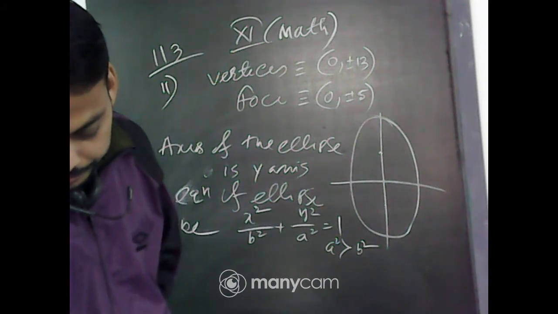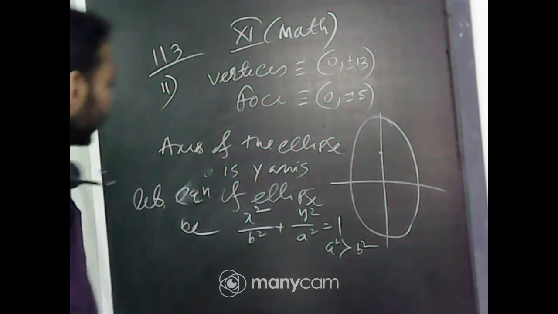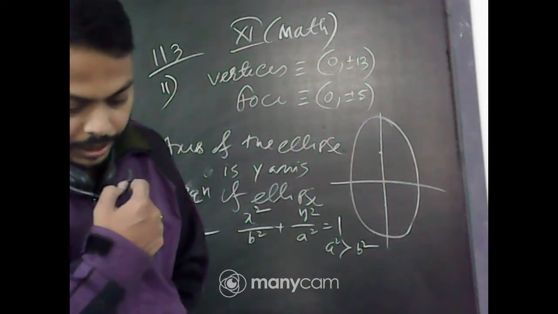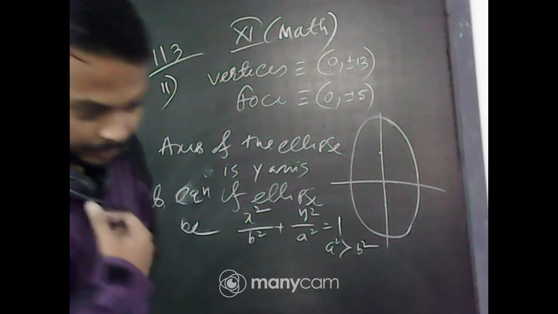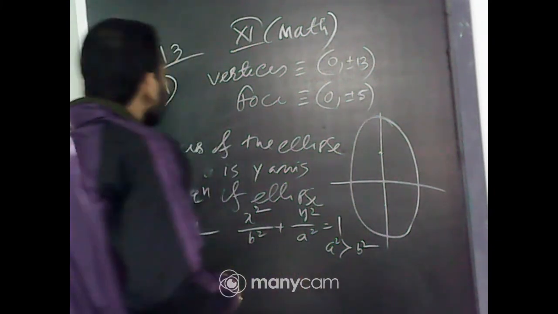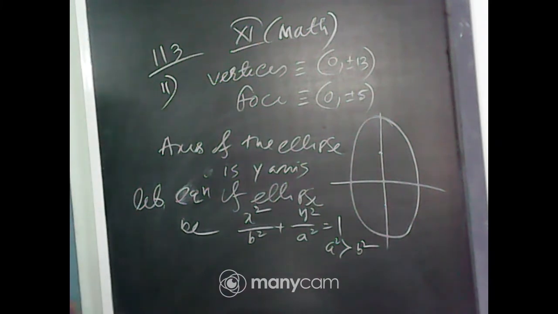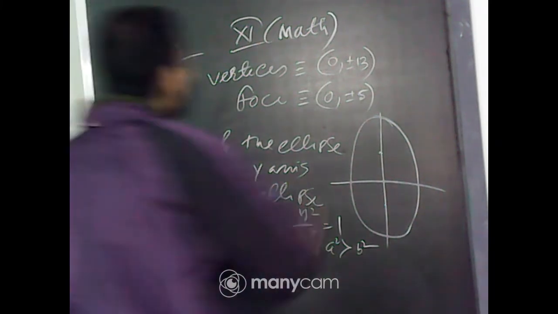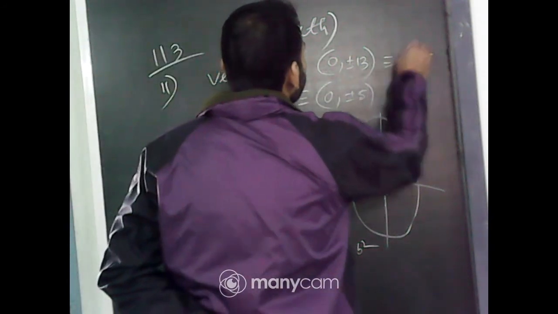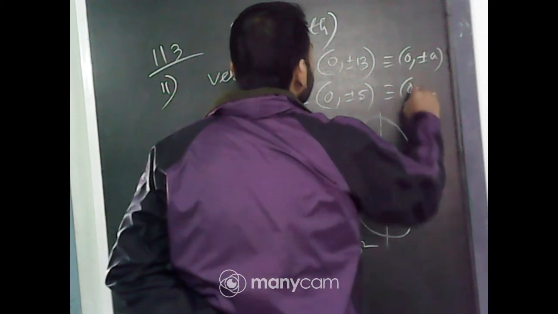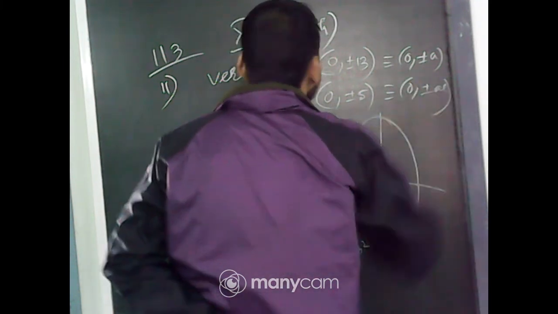Isn't it? Okay. So, from the given condition here, you know that the vertices are 0, plus minus a, and 0, plus minus ae, the foci.